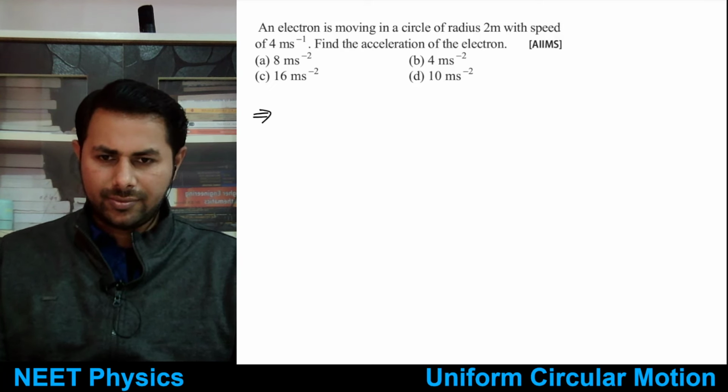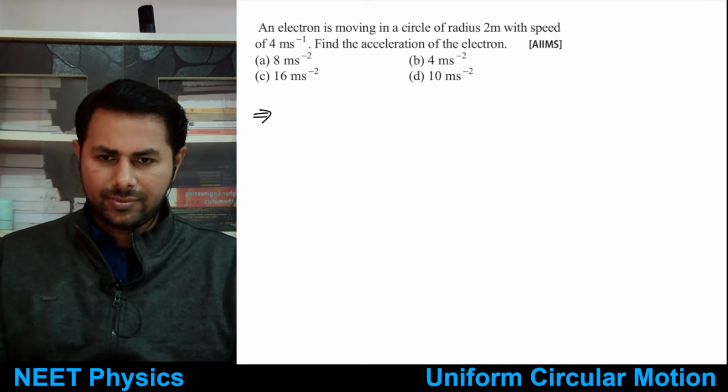If the length of the seconds hand of a clock is 10 centimeter, the speed of its tip is nearly? Tell me, how will you solve this one? The length of the seconds hand of a clock is given.